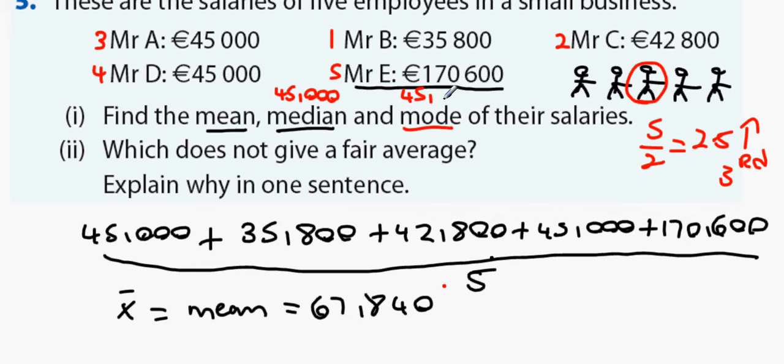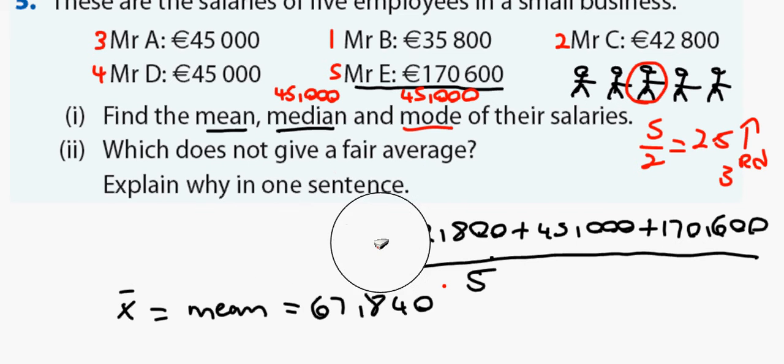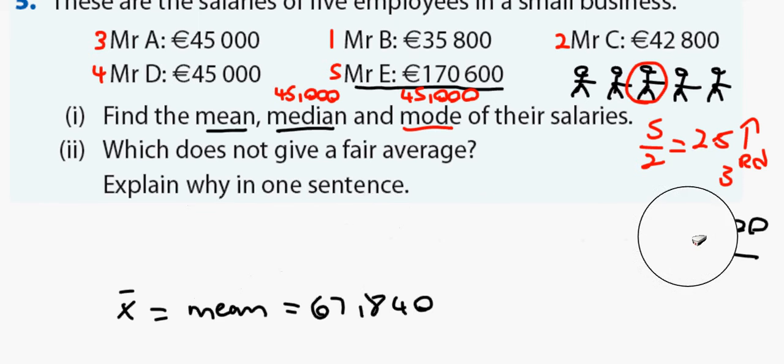Now, which does not give a fair average? The one that doesn't give a fair average is the mean. The reason is, if I was to tell you the mean salary of this company is 67,840, you come under the impression that everybody's going to be earning around 67,000, but that's not the case.